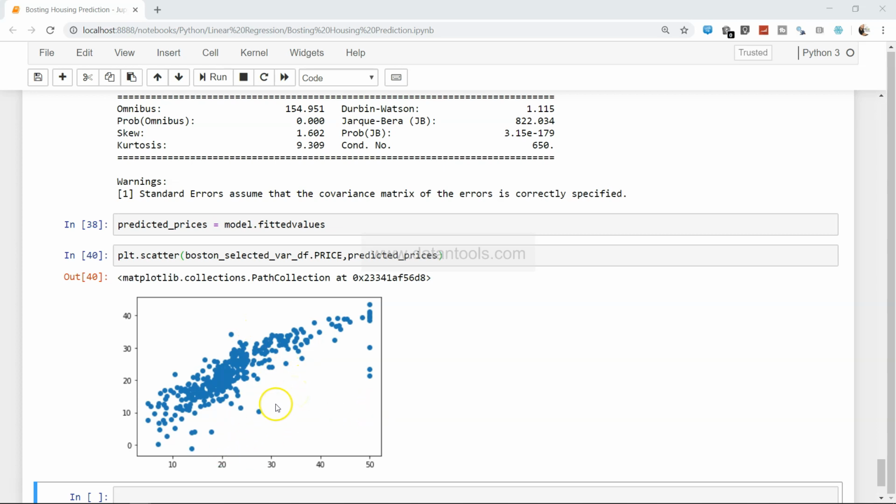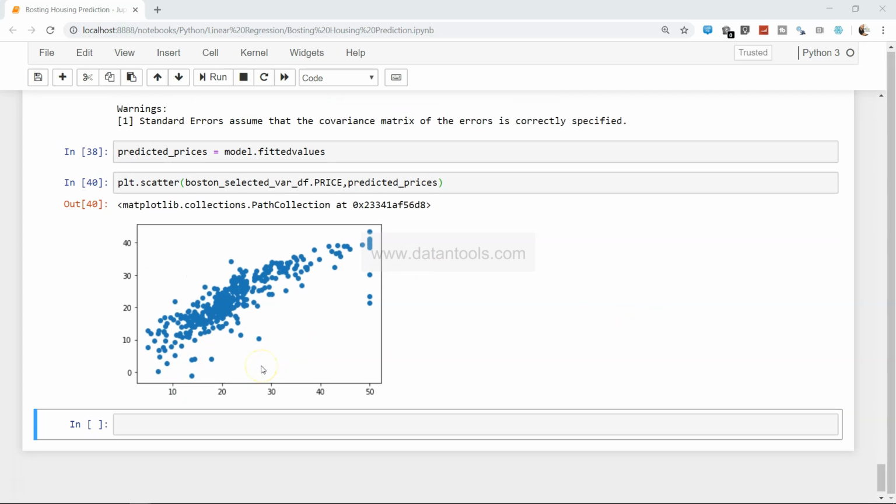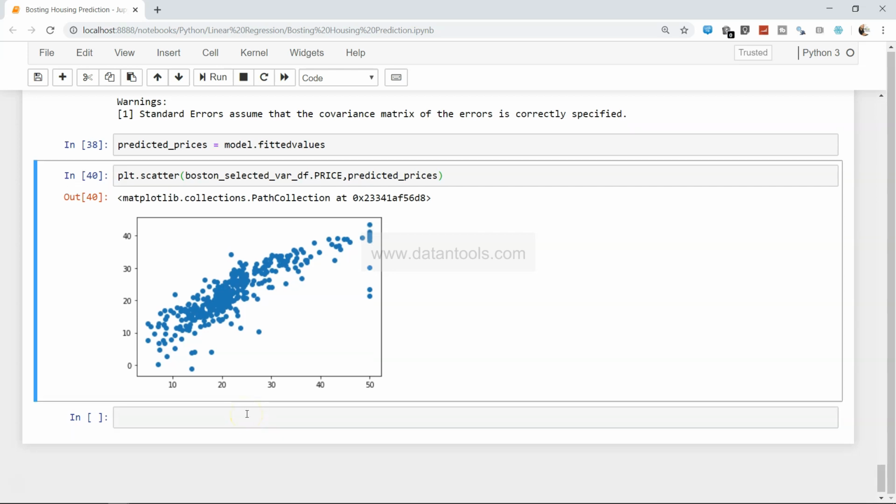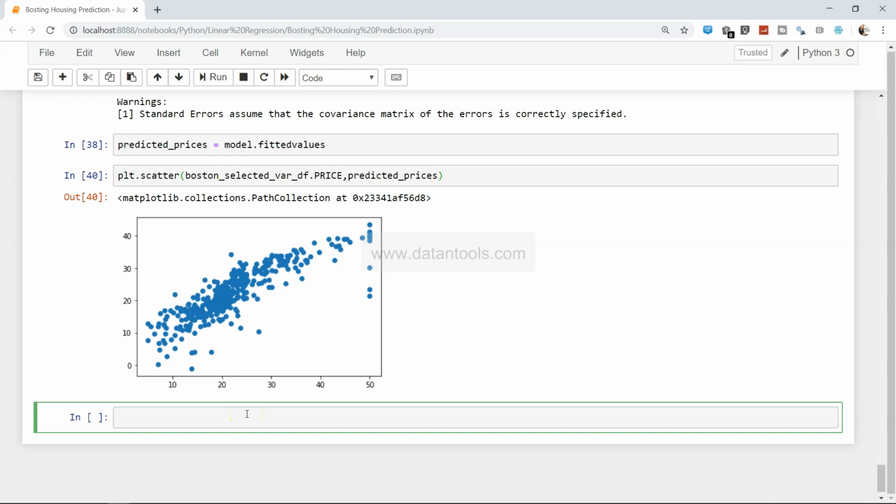But even in this case, there are some outliers like this, which are skewing the results a lot and deviating from the pattern, and will give you slightly weird results when you try to predict. Another thing we can check is the error rate.